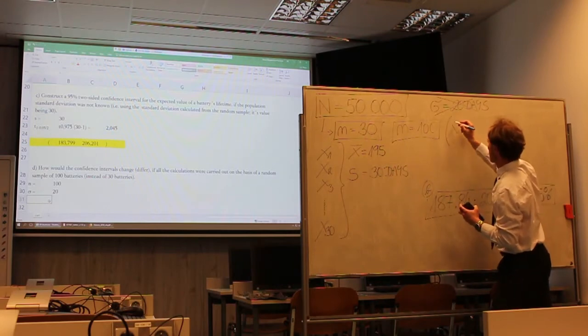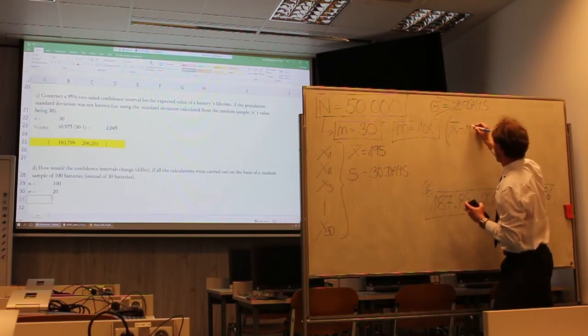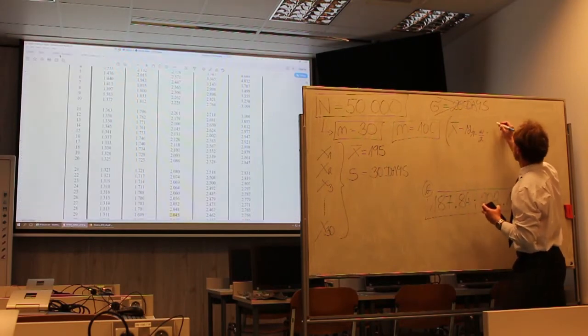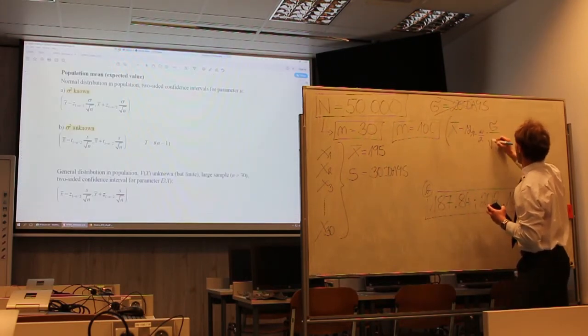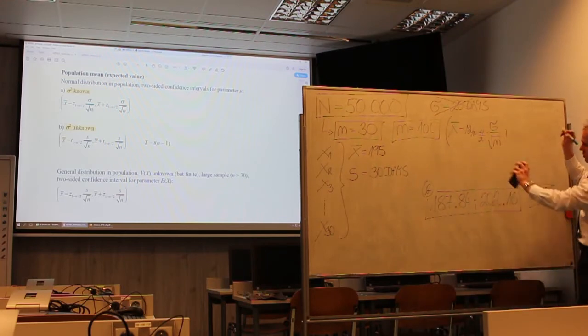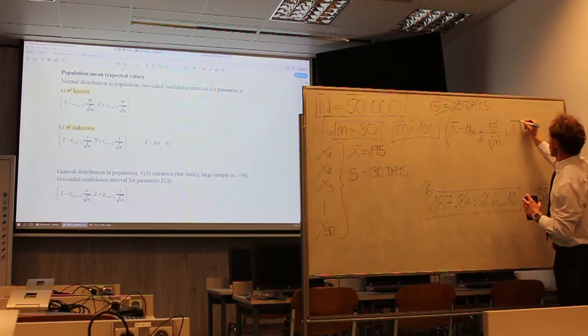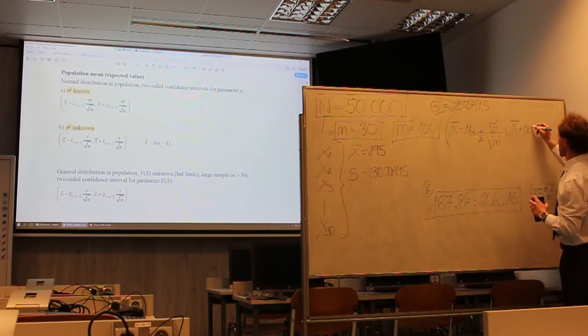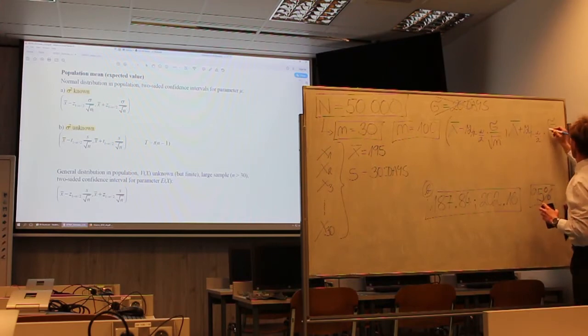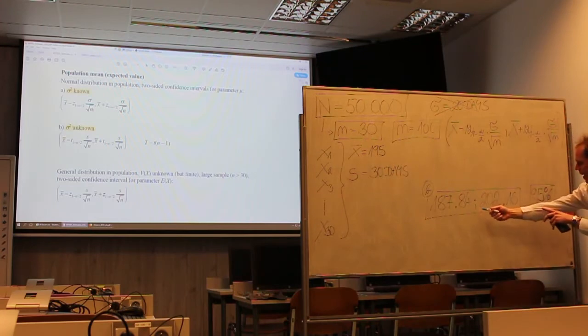There was x bar minus z of 1 minus alpha divided by 2 times sigma divided by square root of n on the left side, and on the right side x bar plus z of 1 minus alpha divided by 2 times sigma divided by square root of n.